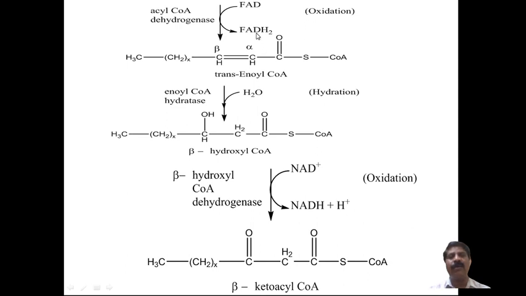It undergoes oxidation where the alpha and beta hydrogen atoms are removed, forming an alpha-beta unsaturation in the trans form. Therefore trans enoyl coenzyme A, the fatty acid trans enoyl coenzyme A compound, is formed. This is further treated with hydration.